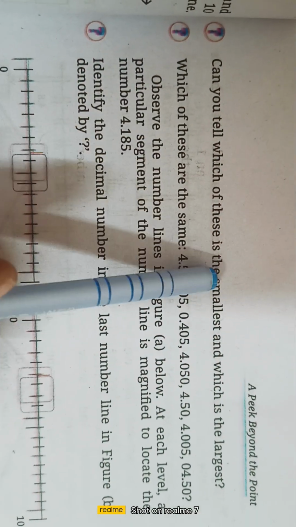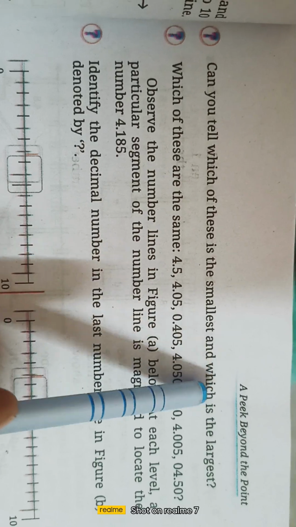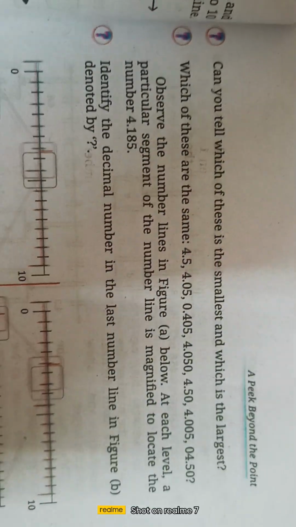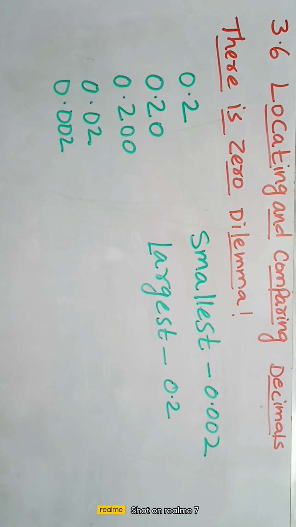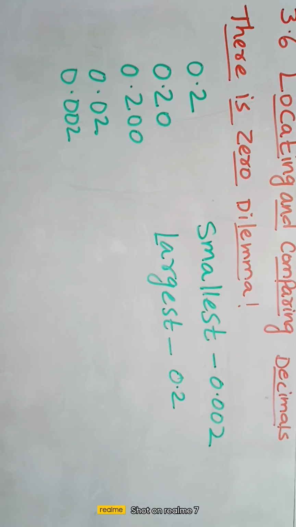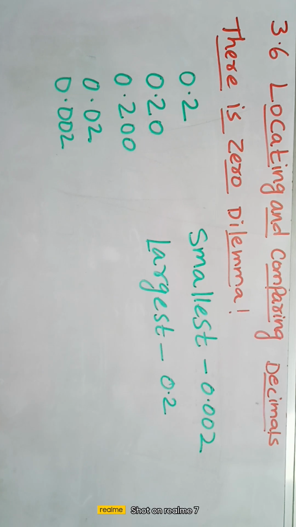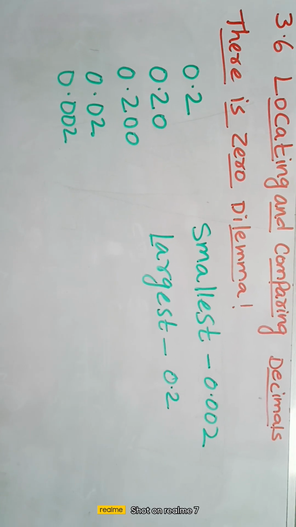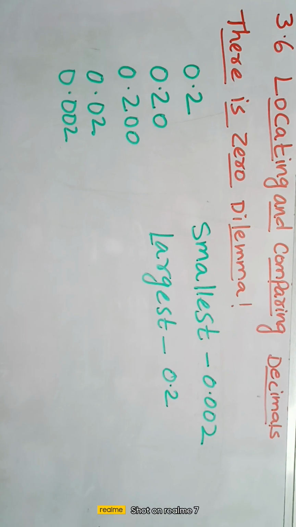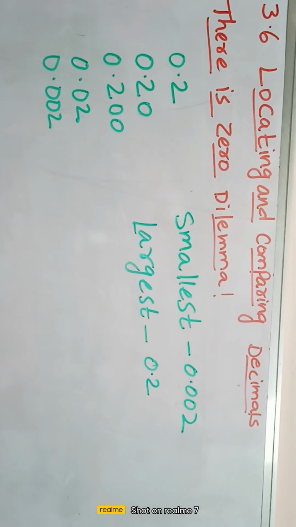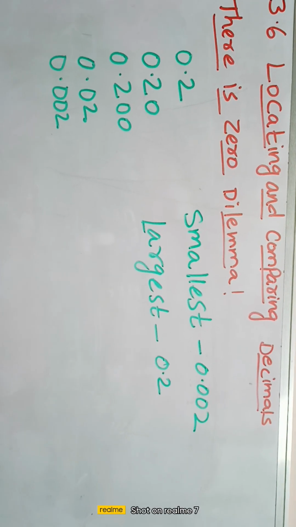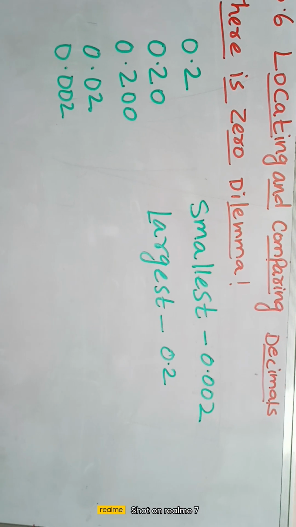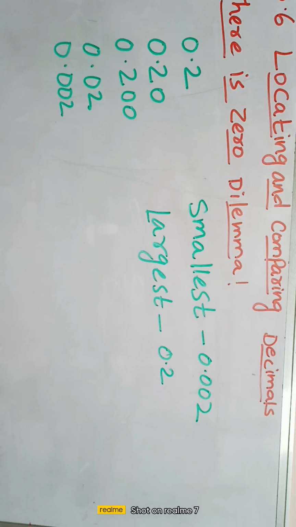Can you tell which of these is the smallest and which is the largest? Here 0.2, 0.20, 0.200 are the same because 2 is in the same position after the decimal. But here the position of 2 has changed. In 0.02, 2 is in the hundredths place, but in 0.002, 2 is in the thousandths place.